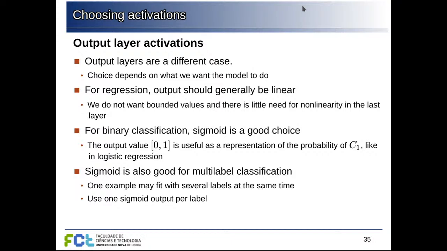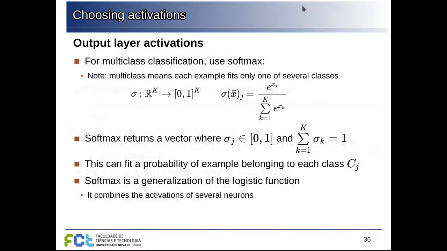For binary decisions, whether we are looking at binary classification or multi-label problems, then we use sigmoid activation, because each sigmoid output gives us a probability between 0 and 1. And for multi-class classification, we use softmax, because this gives us a probability distribution over all the classes we are considering that tells us what is the probability of the example belonging to each of the classes, and then we can pick the one with the largest probability to assign the example to.